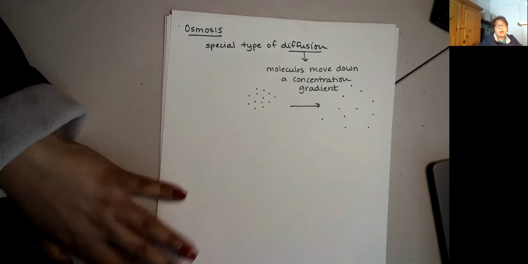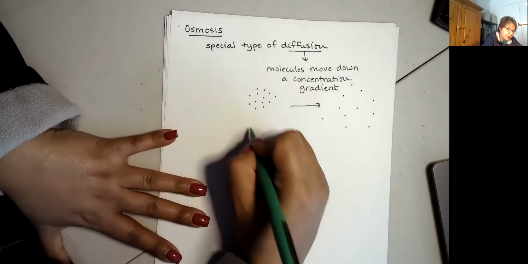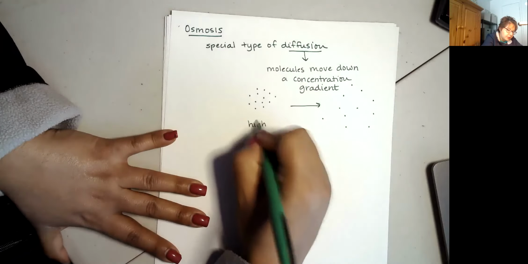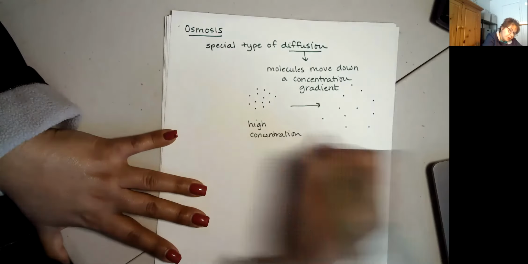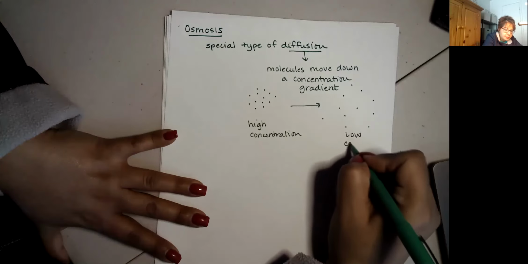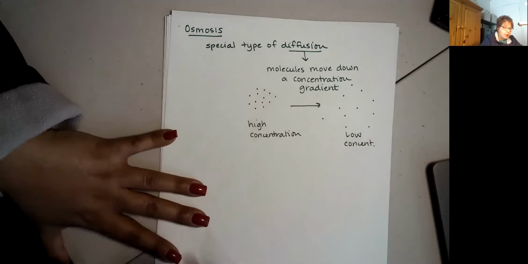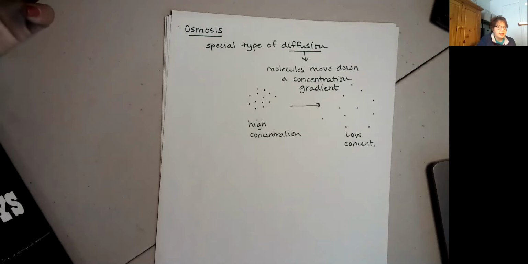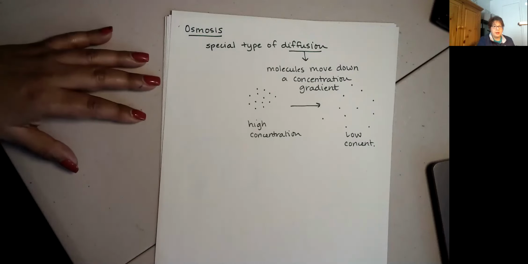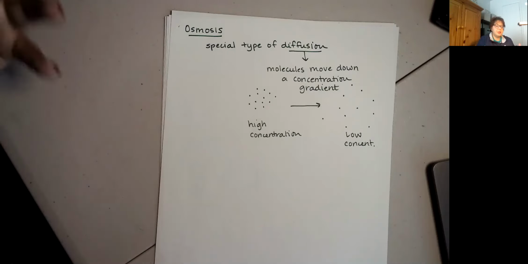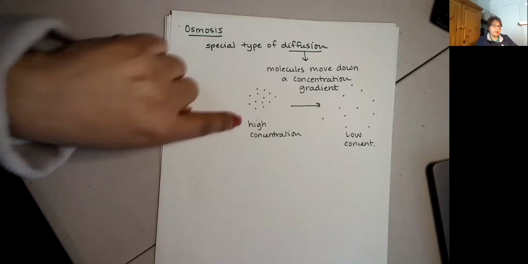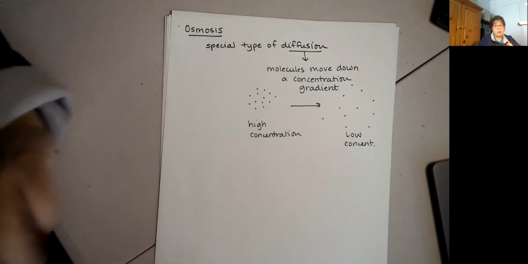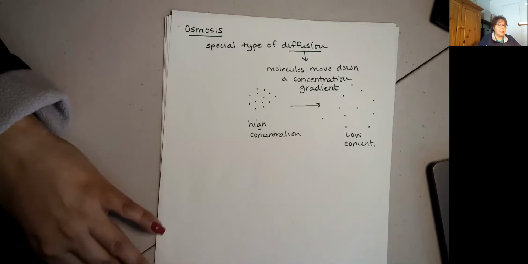Moving down a concentration gradient means going from an area of high concentration, where they're packed together real tightly, to an area of low concentration. Things have a tendency to spread out. So diffusion is just molecules going from an area of high to low concentration, or you can say they move down a gradient.